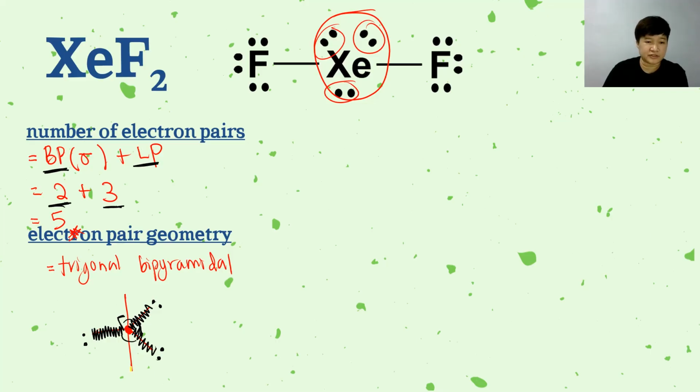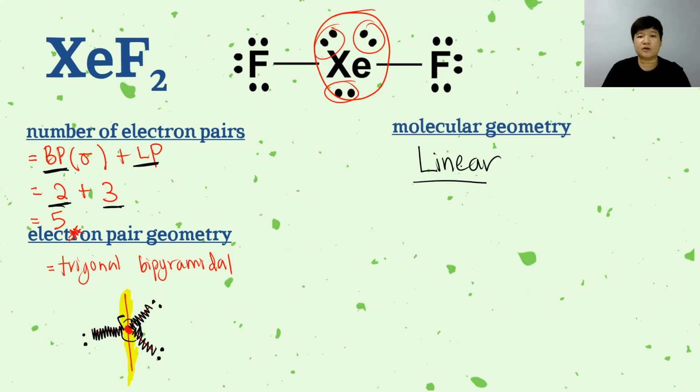And what shape do you see over here? You see a linear. So you see a linear over here. And that's why the molecular geometry will be linear. When the molecular geometry is linear, your Lewis structure needs to be redrawn, and the position of the lone pairs is very important. This is the correct Lewis structure because it's already linear, and you can see that your lone pairs are located in the triangle shape at the center.